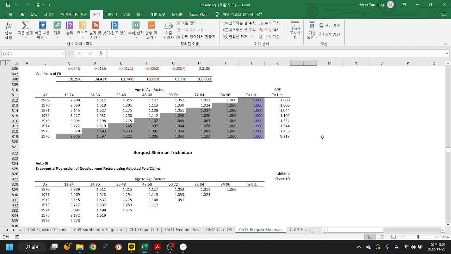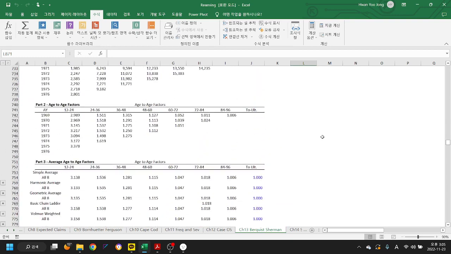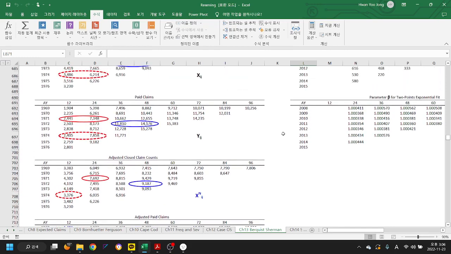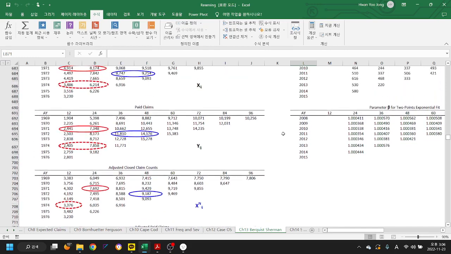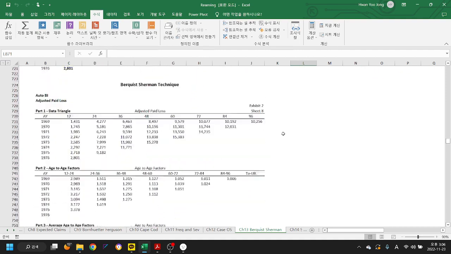Because it shows all the background work, and they heavily used regression models, which was probably not that easy even back then, right? Probably they didn't have the computer, and especially the regression side, probably all the actuarial scientists under them did the work using the calculator. That's a heck of a lot of work probably.